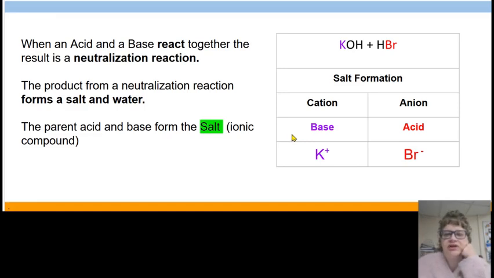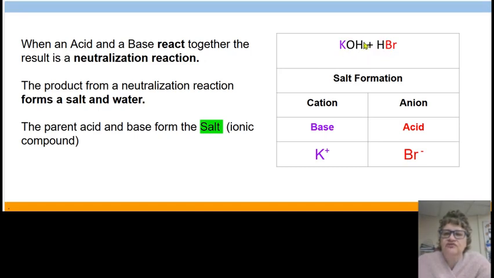So if I'm looking at potassium hydroxide and bromic acid, what would happen is the H from the HBr is the acid, right?